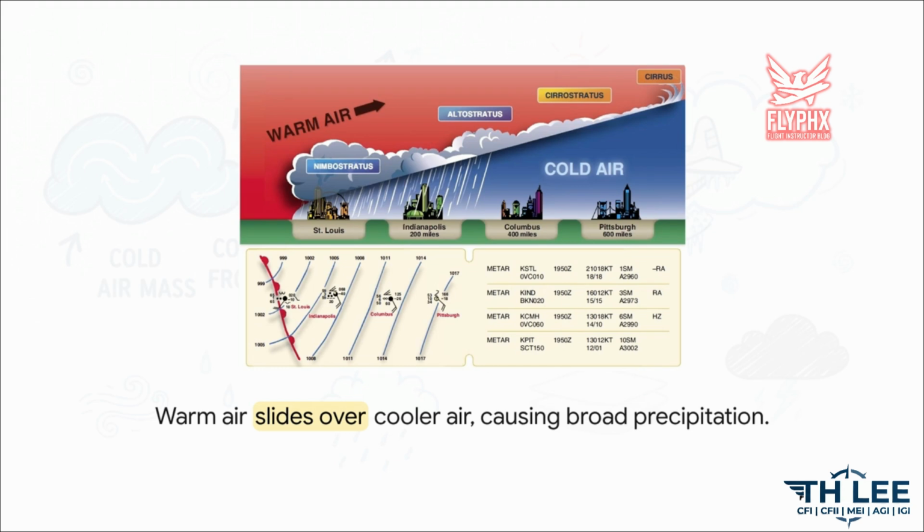Because the advancing warm air is less dense, it can't just forcefully shove the heavier cold air out of the way. Instead, its advancing slope gracefully slides right over the top of the retreating cooler air. As this warm, high-humidity air gets lifted higher into the atmosphere, its temperature drops, condensation occurs, and a massive, broad area of clouds and precipitation forms well ahead of the actual surface boundary.